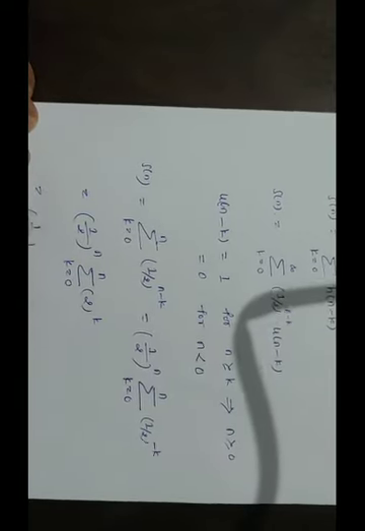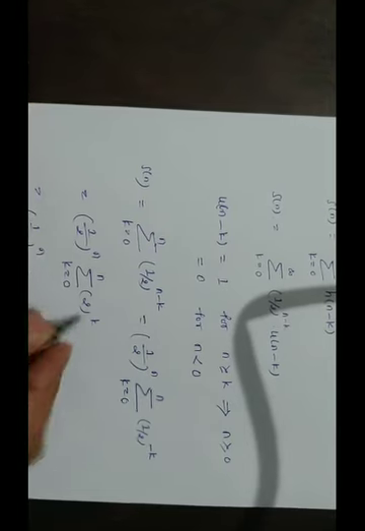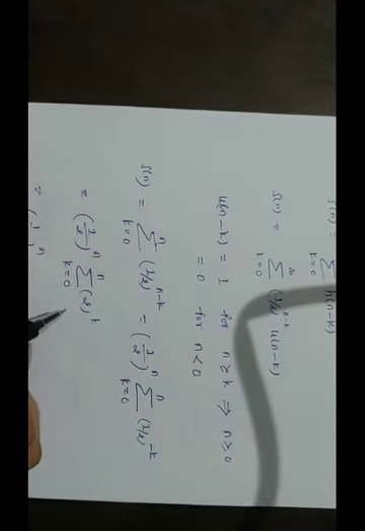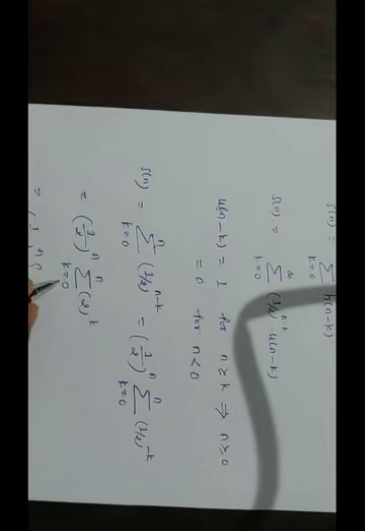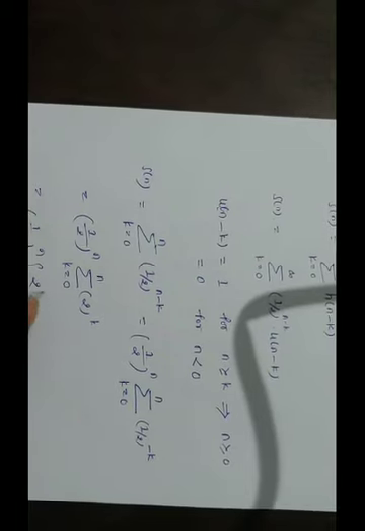Now I am going to use the standard formula. That is, when it is alpha to the power k, we write alpha to the power n plus 1 minus 1 divided by alpha minus 1. The same formula I am going to use here. So for this summation, if the range is k equal to 0 to n, then I can write here 2 to the power n plus 1 minus 1 divided by 2 minus 1.